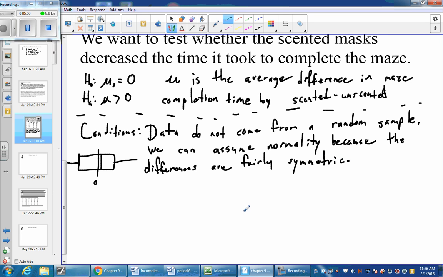All right, so that's good. Now that they're symmetric, we have to assume independence. So assume each observation is independent. And now we can go on to the calculation.